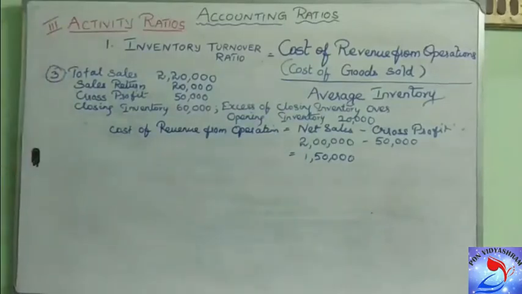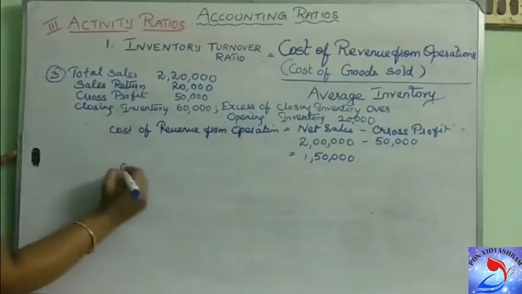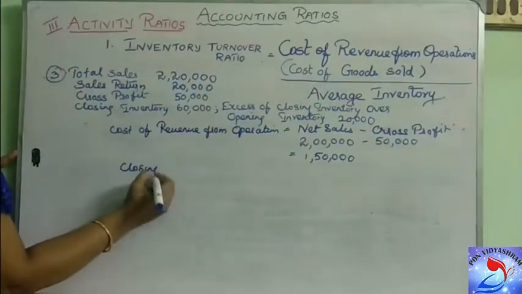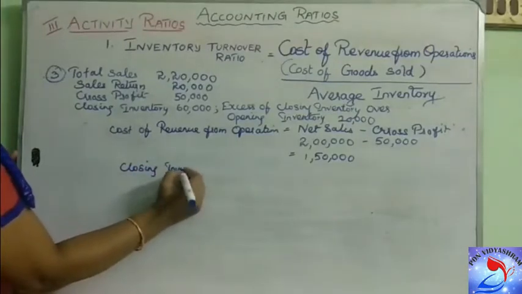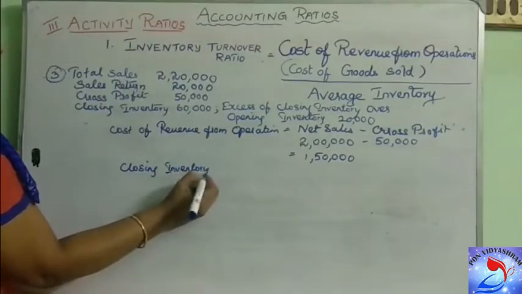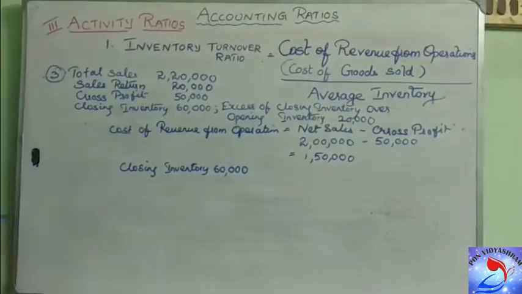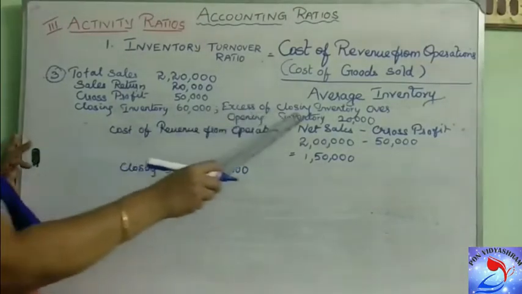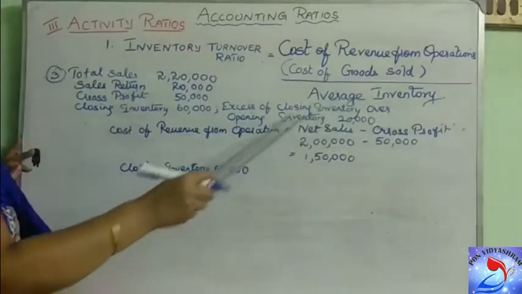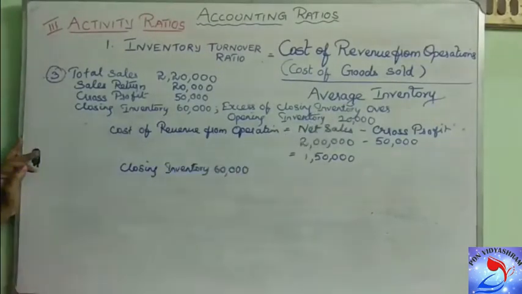Now here they have given you the closing inventory. How much is the closing inventory, children? It is 60,000. Now the opening inventory. See, they have said excess of closing inventory over opening inventory is 20,000.